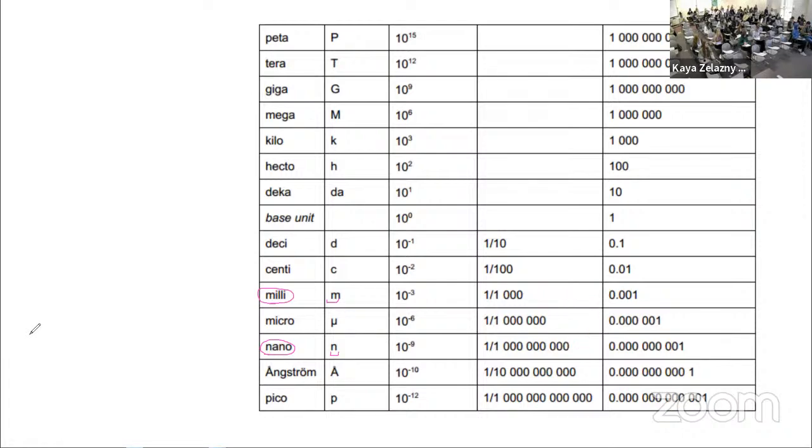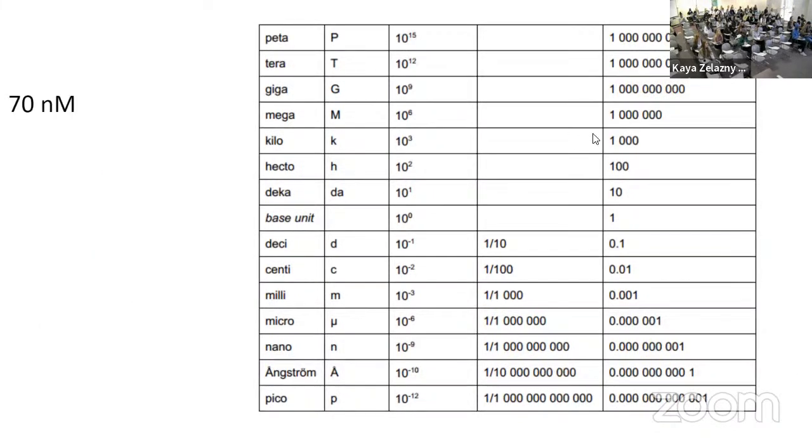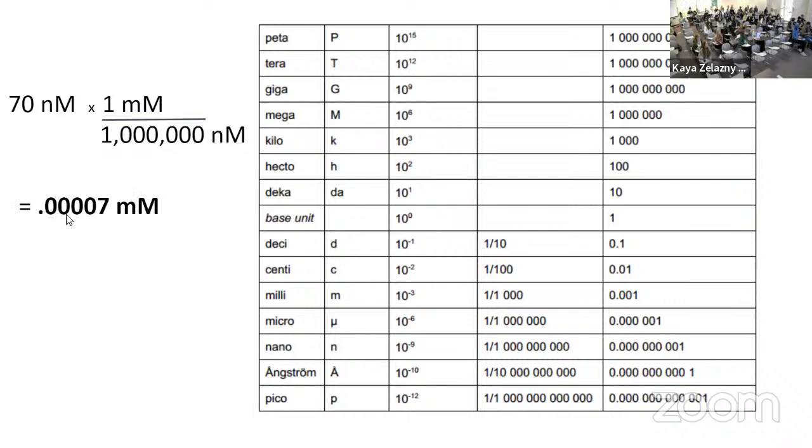So for our conversion, take those 70 nanomoles, do just like you do in your lab courses, right? We can cancel out those nanomoles and turn it into millimoles by dividing by a million, okay? Which would have given us 0.00007 millimoles for that concentration.